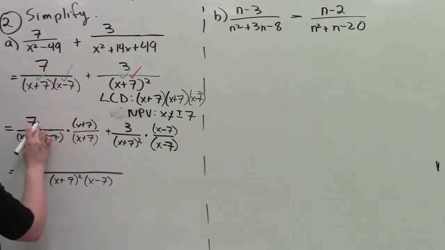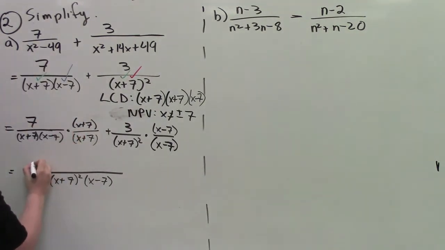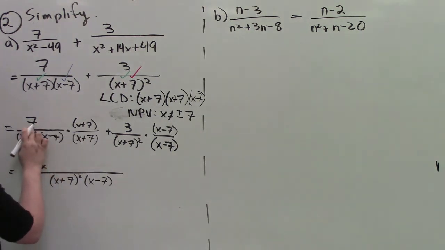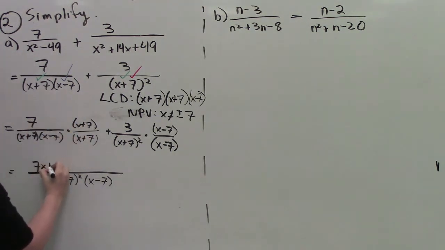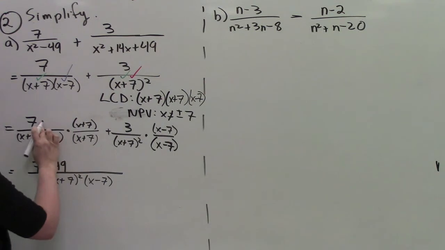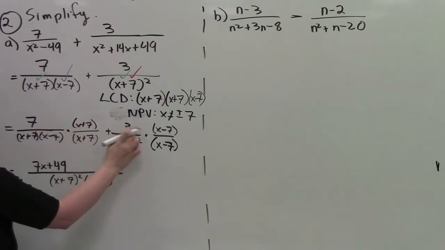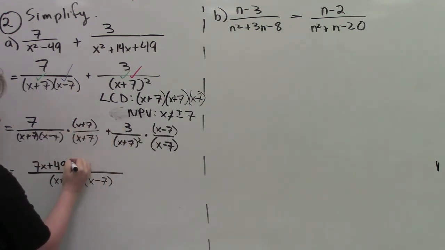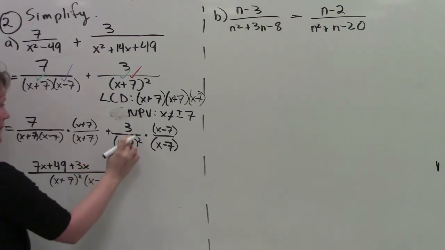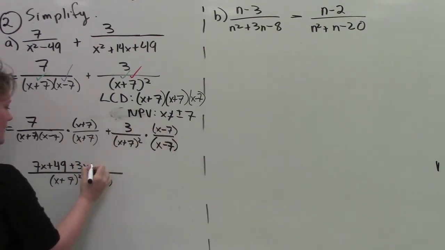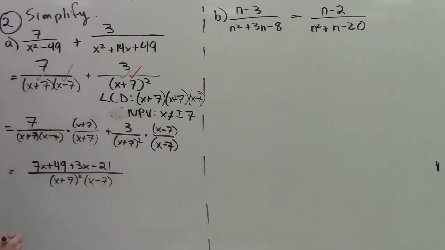So we go 7 times x is 7x. 7 times 7 is positive 49. We're finished with these two terms. Now 3 times x is plus 3x. 3 times negative 7 is negative 21.